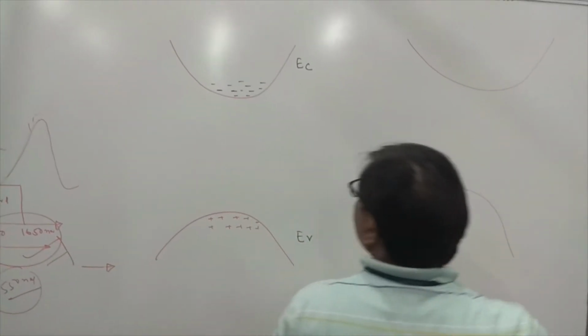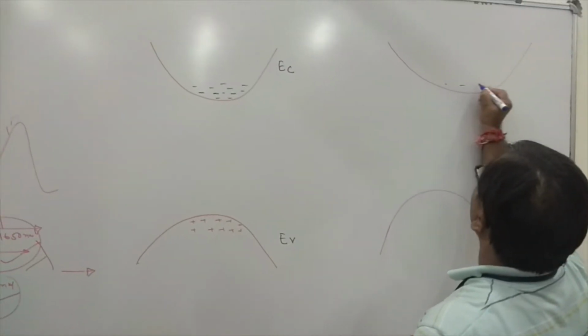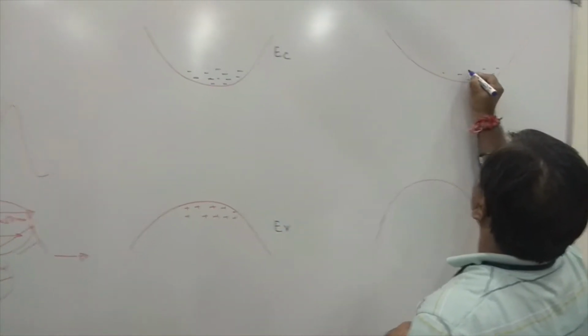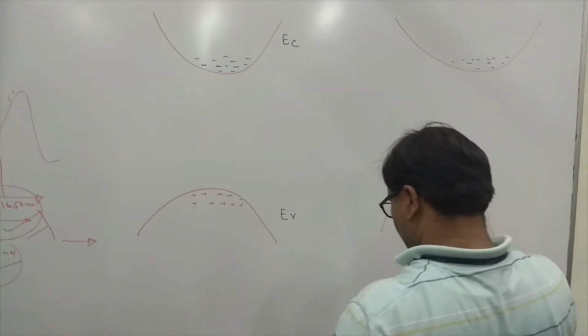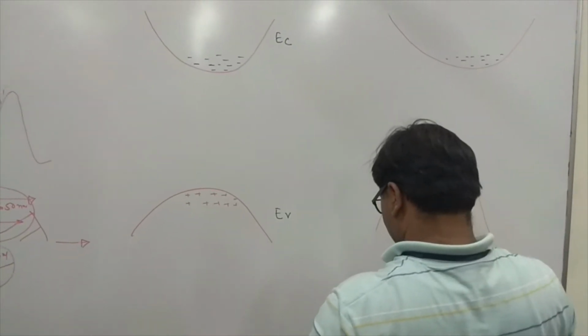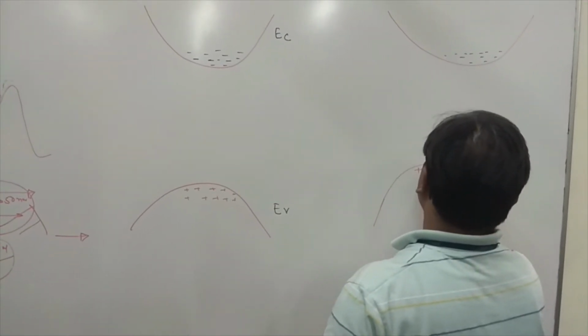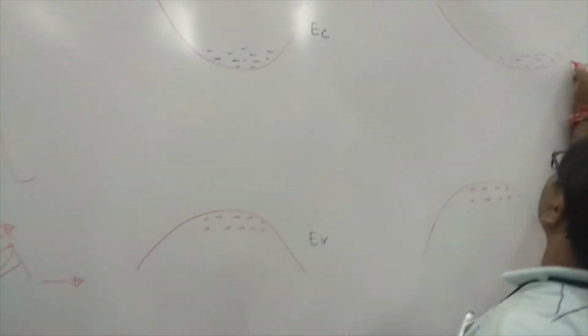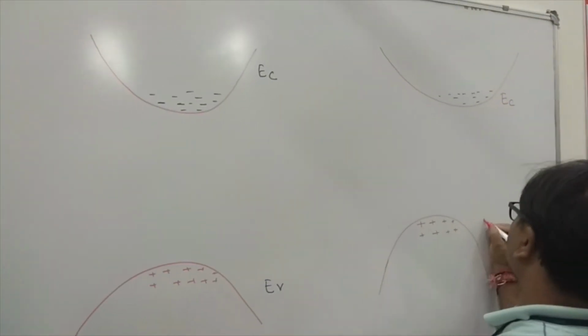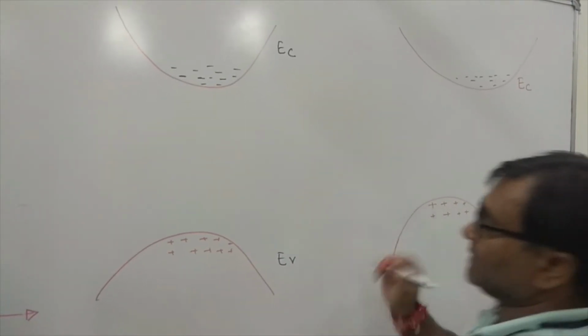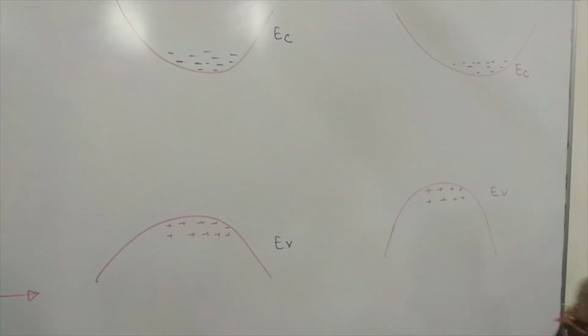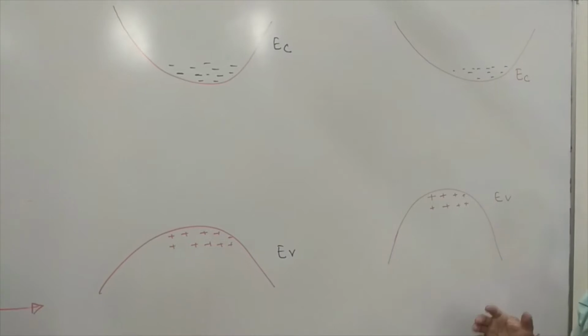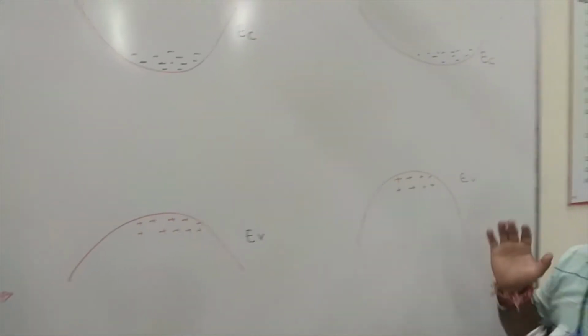Now again electrons, and again holes, very good. This is again the conduction band, and this is again the valence band. Now see, observe one scenario.